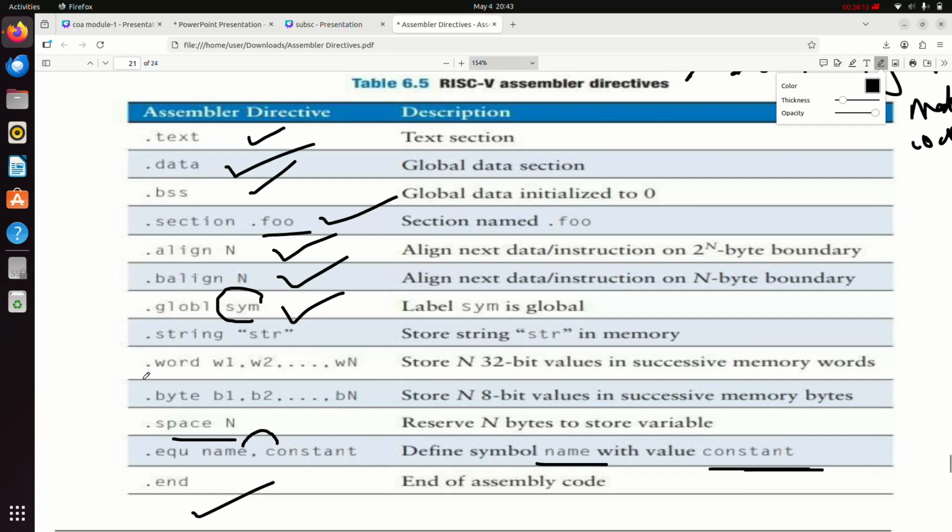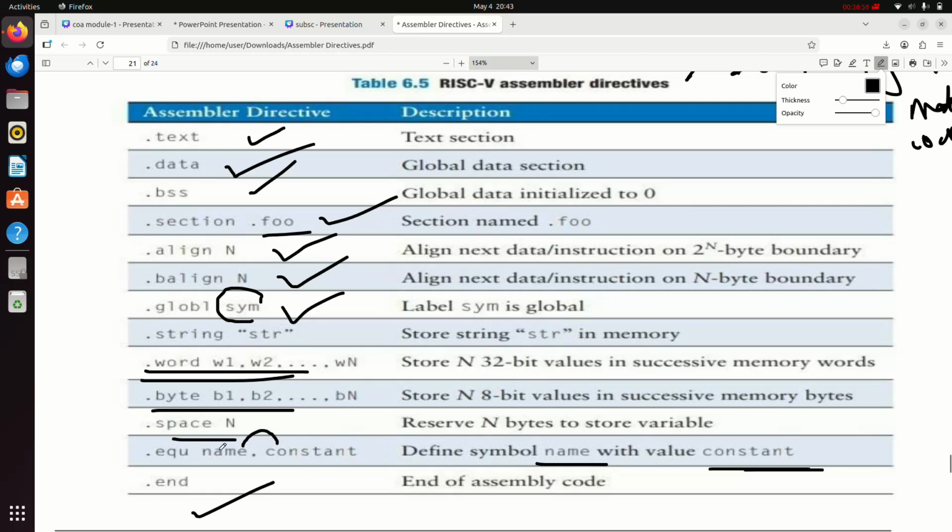.word contains 32-bit values. .byte means 8-bit values it contains. .space n means that much space I am going to leave. .byte means 8-bit values I am reserving. .space means you are going to reserve n bytes to store the variable. Fine. And .equ name, constant means I am defining a simple name with a value constant.